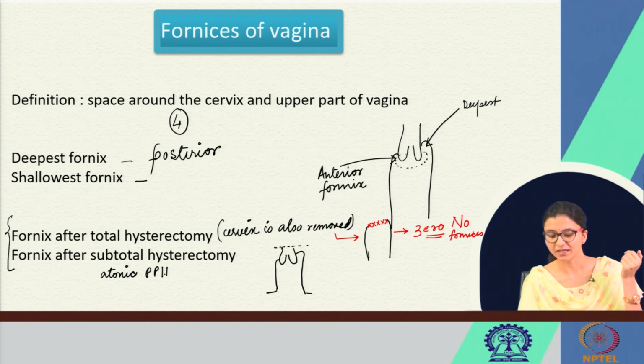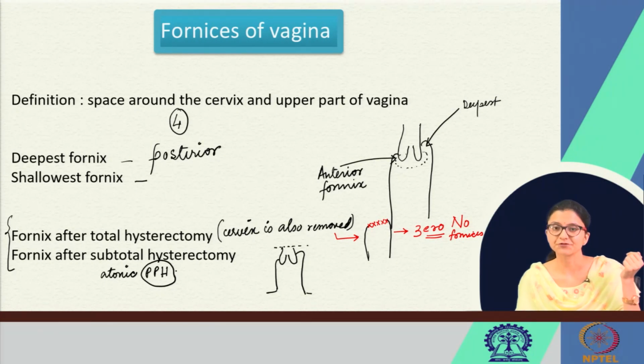PPH is a very emergency situation, postpartum hemorrhage after childbirth, where there is immense bleeding from the uterus and it is not being corrected with medication, with different types of suturing, with different mechanical devices, compression sutures, and you have to save the life of the patient.